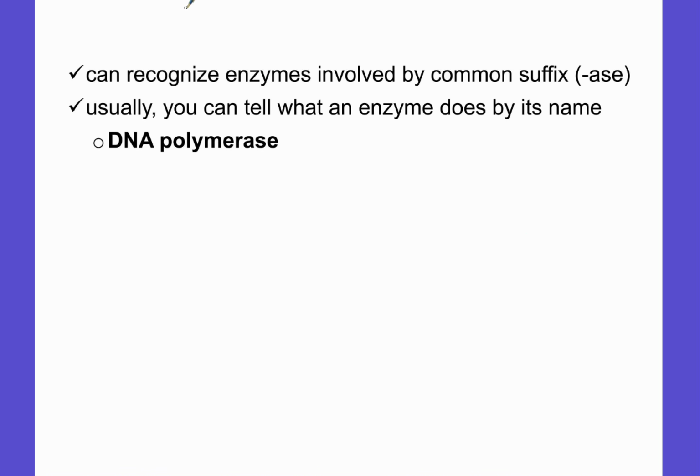Other little details. Enzymes usually kind of tell you what they do in the name. So that DNA polymerase builds the DNA polymer, obviously, right? All enzymes end with that same ending. So I have that ligase, and that ligase is supposed to link those fragments together.